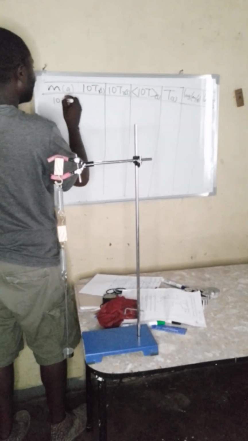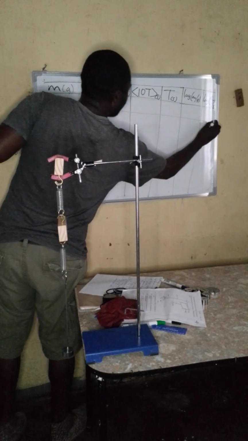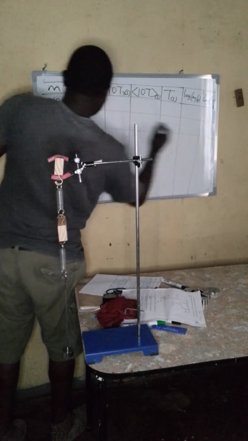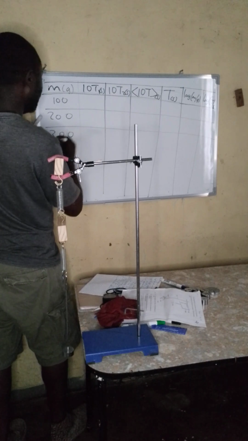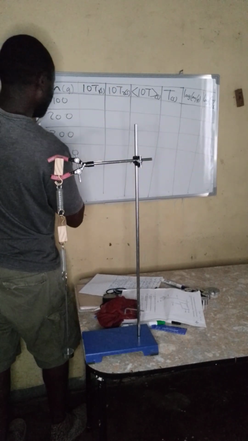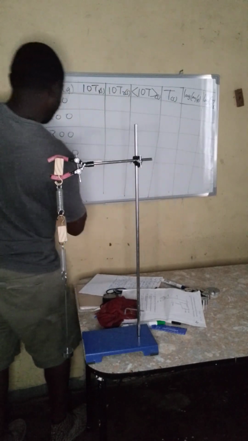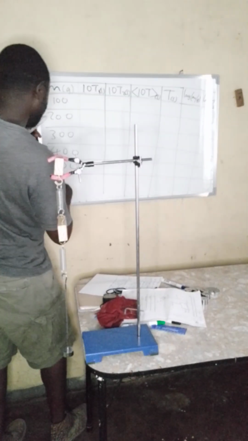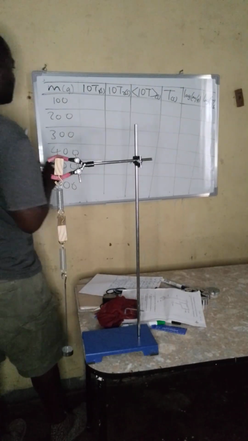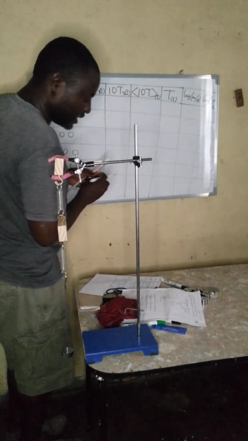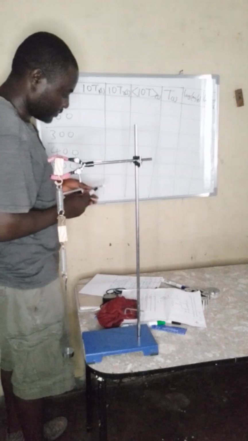So this is 100 grams, 200 grams, 300, 400, 500, and 600 grams. You can start afresh and quickly take all the raw readings.